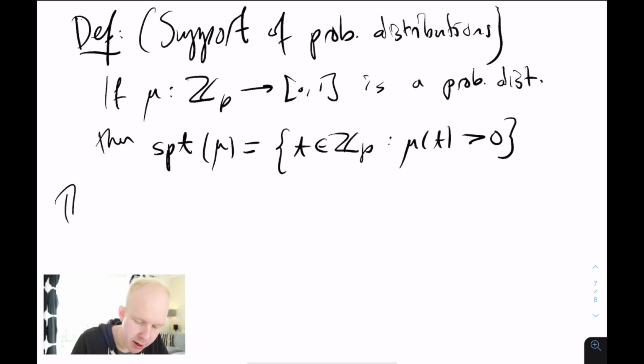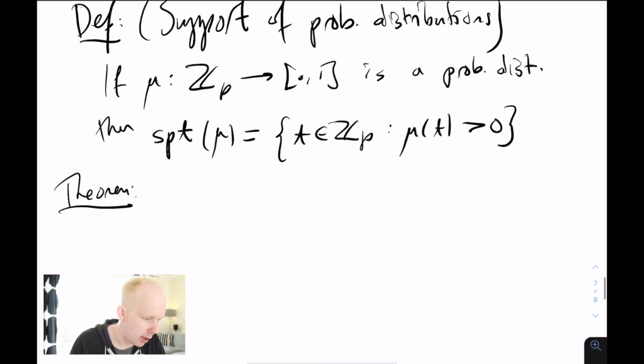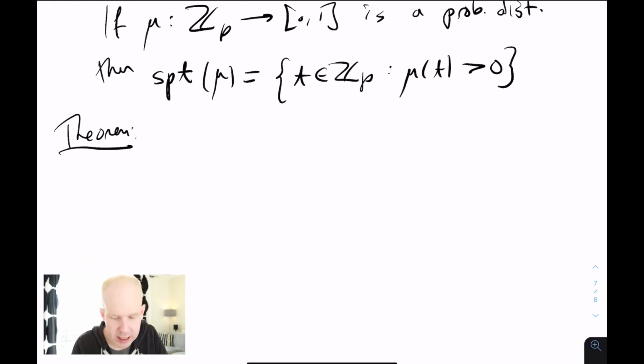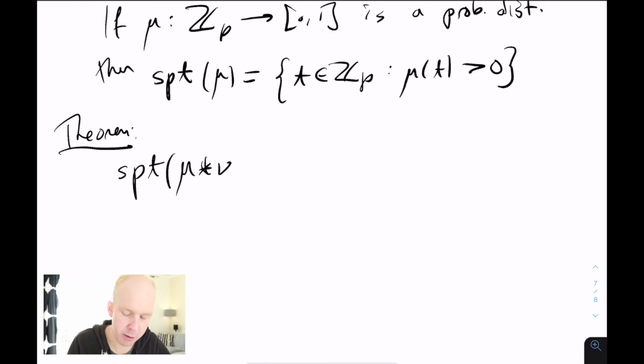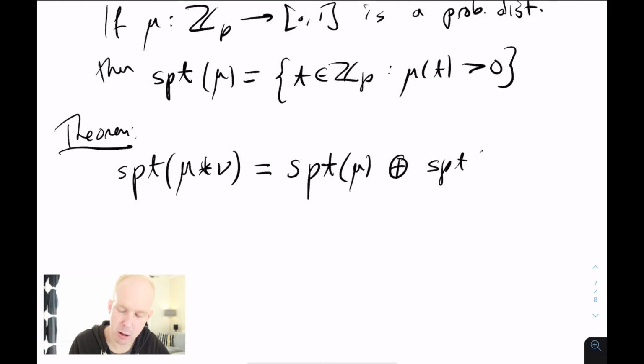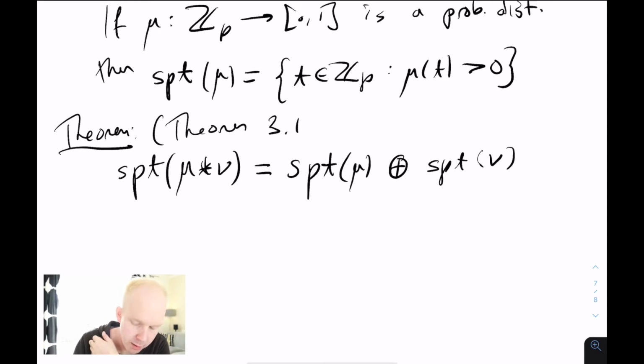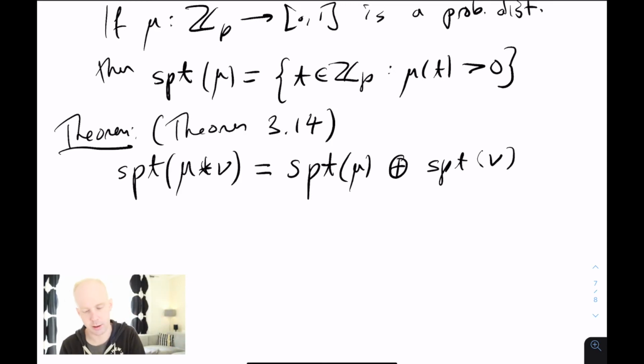Now the main theorem in this section that I wanted to highlight basically says that if you take the support of a convolution of two probability distributions, then it is equal to the sumset of the supports, supp mu plus supp nu. In the notes I think I put it as Theorem 3.14 in the current version.